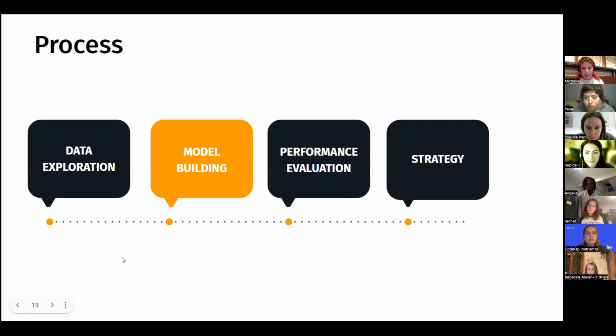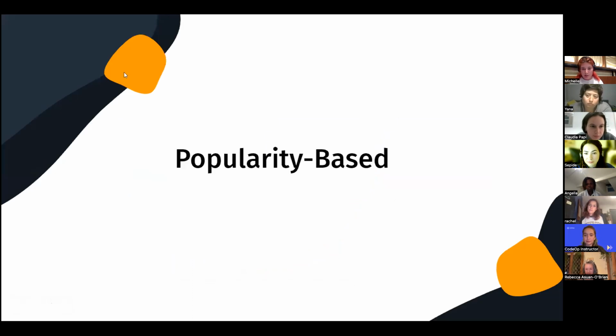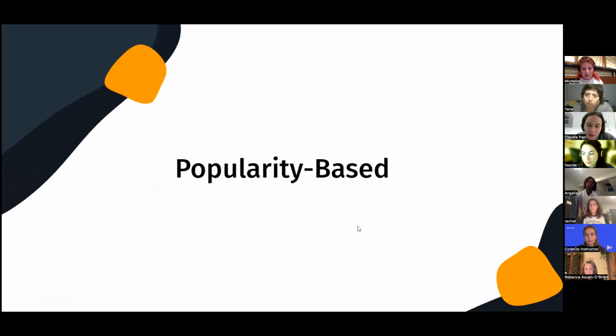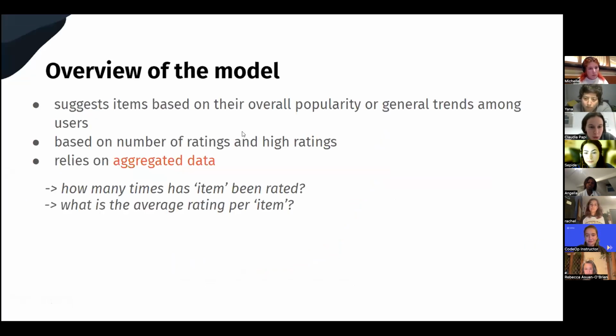And now Claudia will start explaining one of our first models, which is the popularity base. So I'm going to introduce to you the popularity-based model, which is the most basic and simple recommender system. I'm going to give you an overview of what it does and when it would be a good idea to use it.